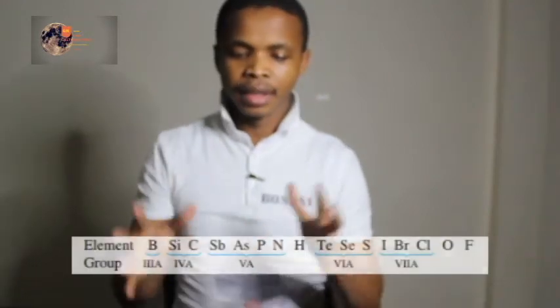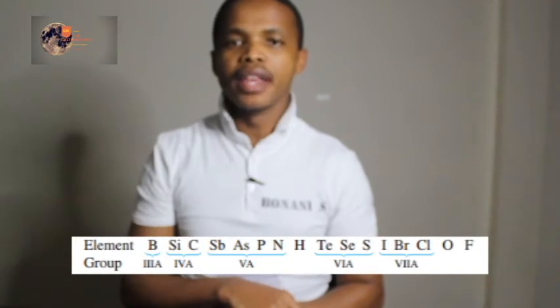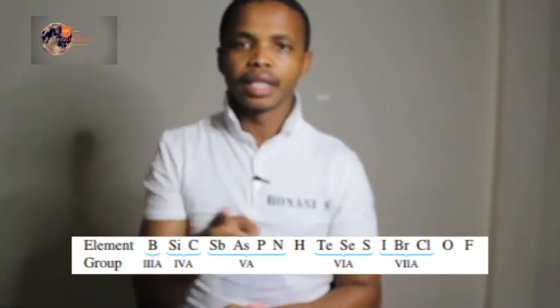So you will have a boron hydride, but you will have a hydrogen oxide. That is how you would prioritize. We'll put the order here.